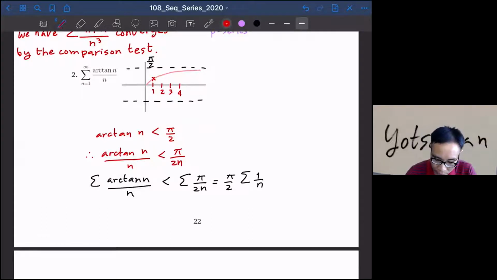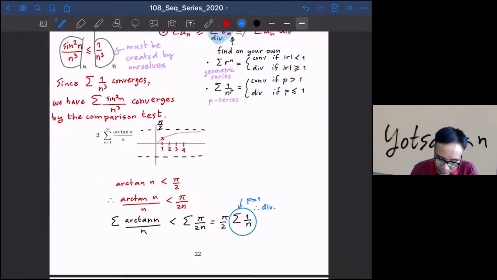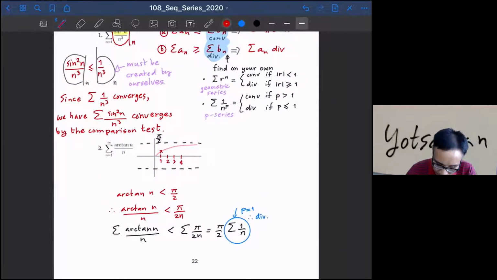And hey, this one is a p series, you recall, right? So this one is a p series or harmonic series, with p equal to 1. So it's going to turn out to be divergent. And you see that you have this guy, the series An.